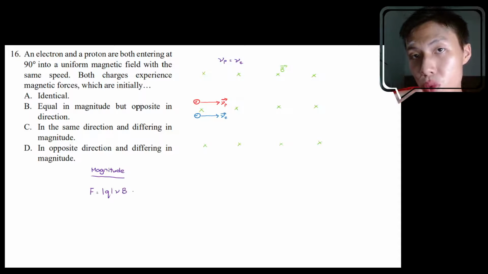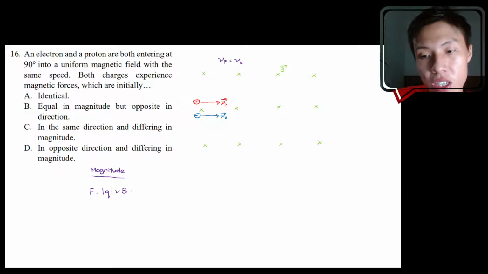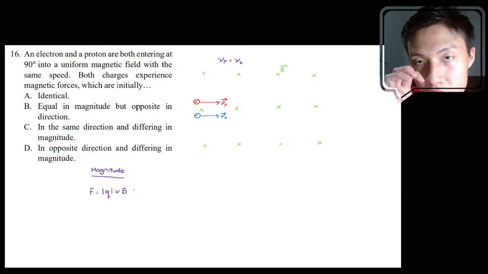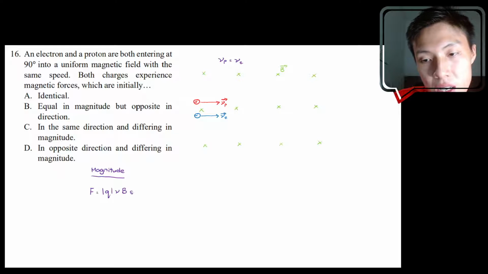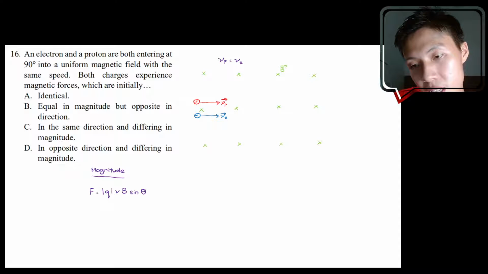We want the magnitude, we don't want to consider the direction. So in this case, the sign of the charge is not relevant here. It's just |q|vB sin theta. They tell you that it's a proton and an electron, so you know that they have the same magnitude of charge. They are both 1.60 times 10 to the power of negative 19 coulomb. So they are the same.